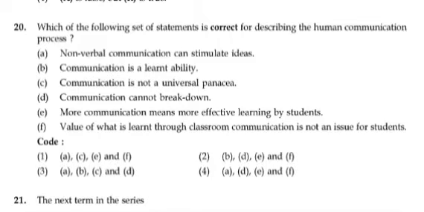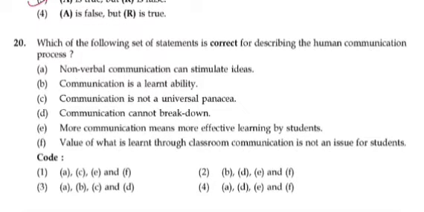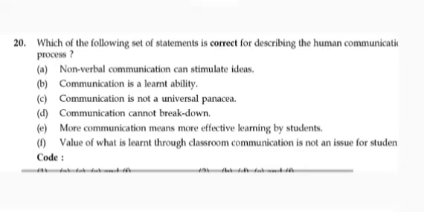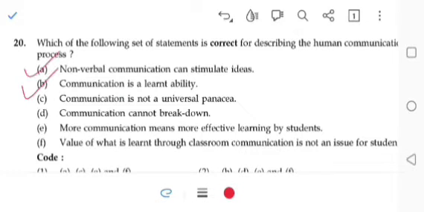Options are A, C, E, F; B, D, E, F; A, B, C, D; A, D, E, F. So it will be number 3. That means A is correct, B is correct, C is correct, D is correct, and E, F are not correct. Number 3, the option A, B, C, D.